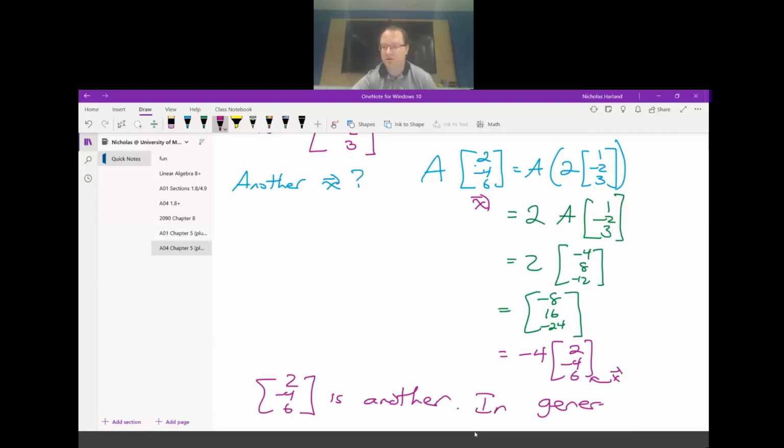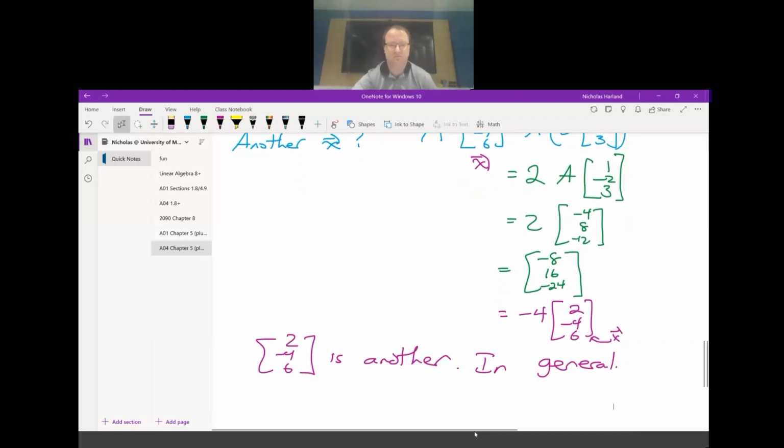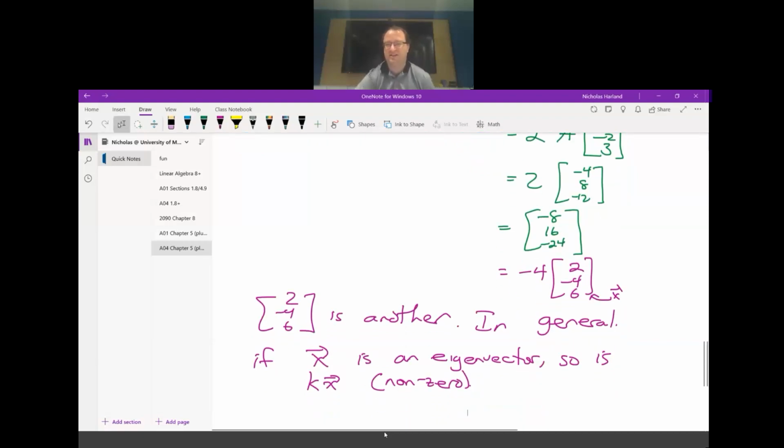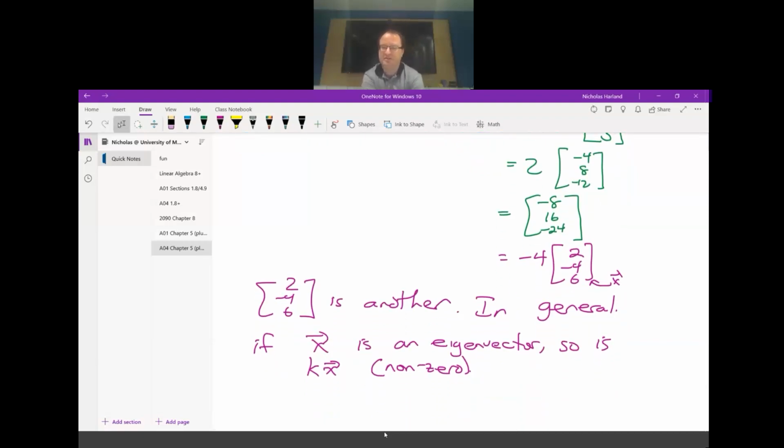In general, if x is an eigenvector, so is any multiple of x, any non-zero multiple of x, because technically 0 is not an eigenvector.